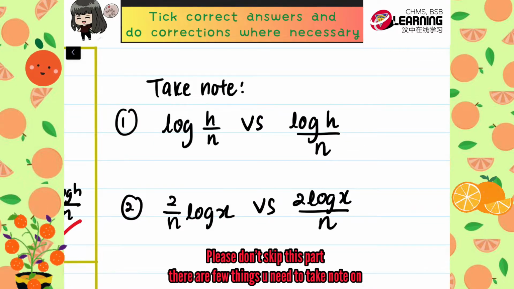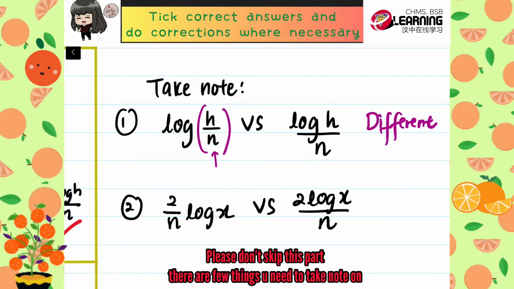Think twice. Nope, they are different. Why? In this H over N, the N belongs only to the H. It's the denominator of the H only. And this N over here is the denominator for log H, not only for the H but for log H. So they are different. Please take note of this.